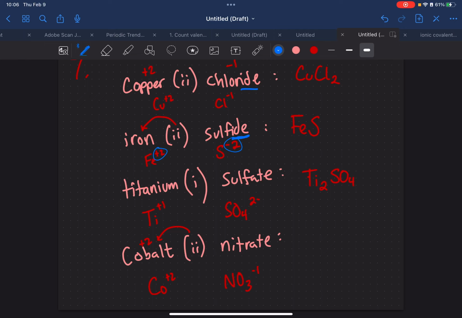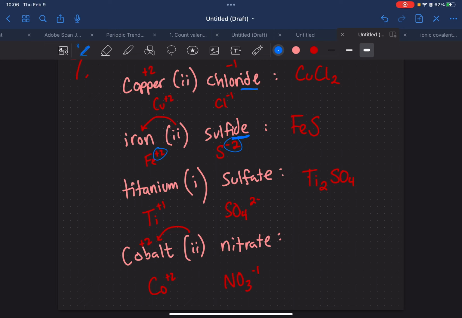If it ends with "ide," it's definitely not a polyatomic ion. If it doesn't end with "ide," it probably is a polyatomic ion. So remember to check your polyatomic ion list on the test when you're doing practice. If you get stuck, check your list.